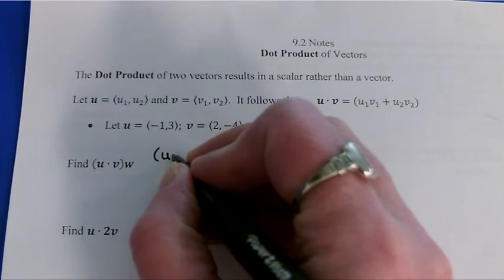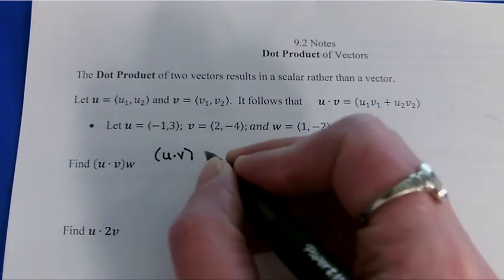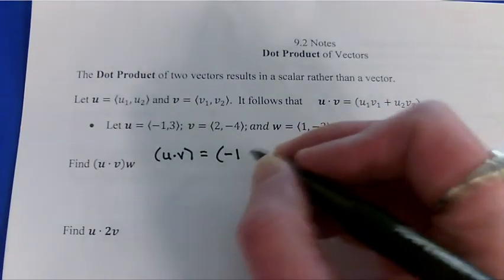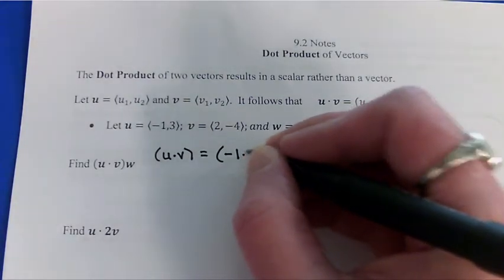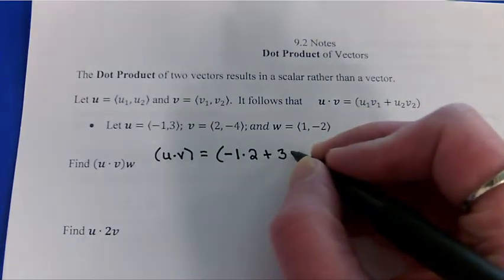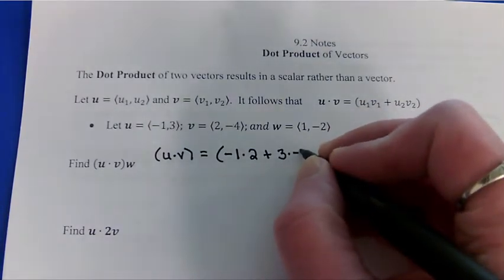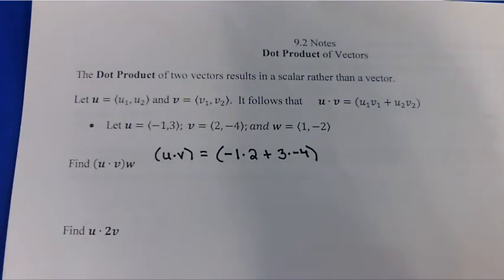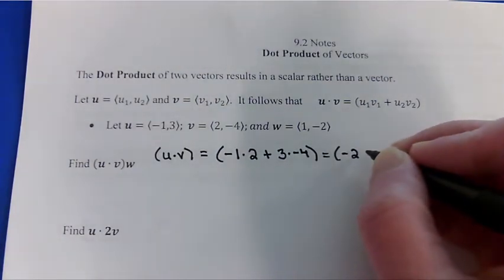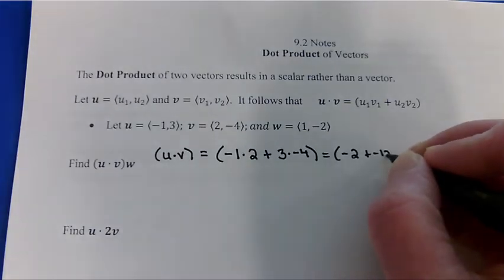Well, u dot v means I'm going to take the x components and add that to the y components multiplied together. So that gives me -2 plus a -12.